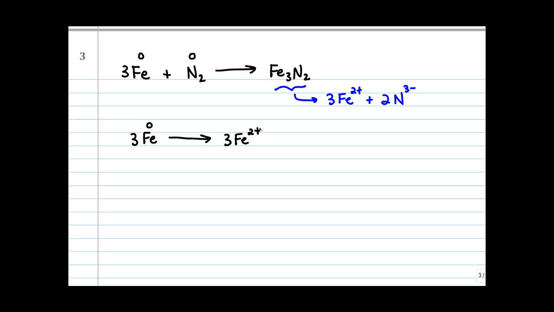Now, I also hope you notice that we have a charge imbalance, because the charge on the left is 0, 3 times 0 is 0, and the charge on the right is 6+. That's an imbalance. That also is my clue that I'm going to add 6 electrons somewhere, because we have too many positive charges on one side.